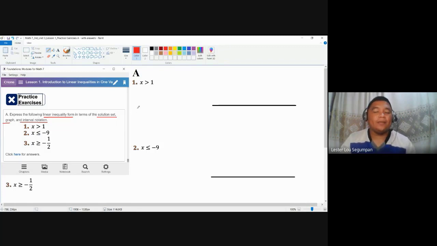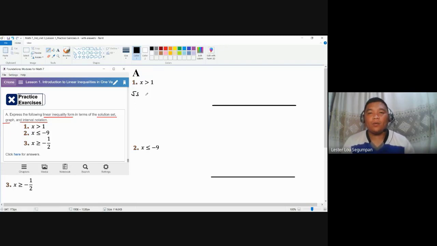Number one, in terms of a solution set, we are not new with the term solution set because we have applied making solution sets when we talk about linear equations. However, when we write solution sets for linear equations, even in absolute value equations, there can be two solutions, there can be one, or there can be none. And the way of writing the solution set for linear equations is by roster form.